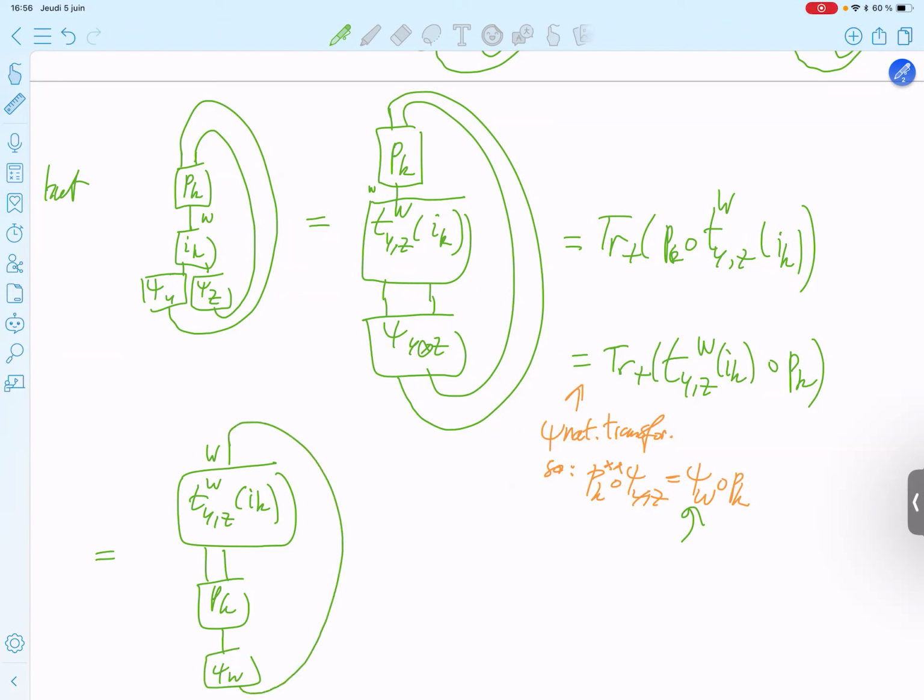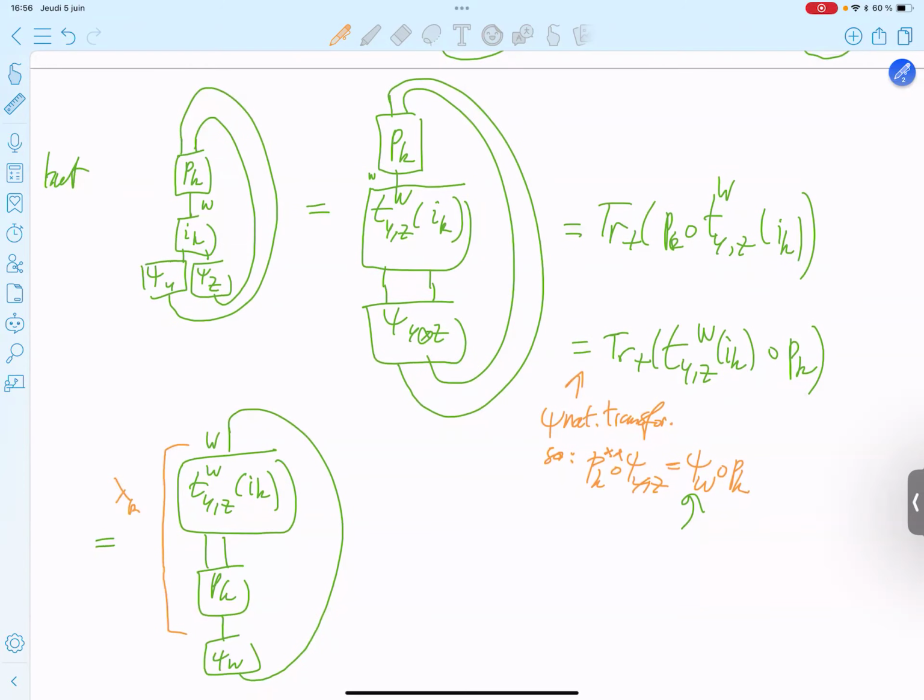So this piece is exactly, so up to here, some constant. Yeah.